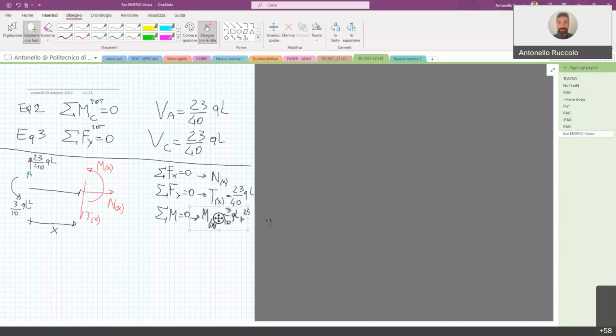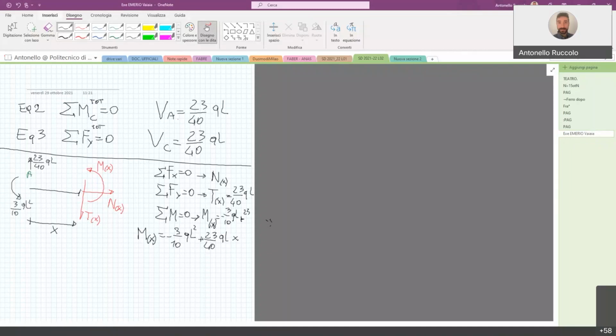I will write it here, it's too small. Apologies. Minus 3/10 QL squared plus 23/40 QL x. So the signs are right.